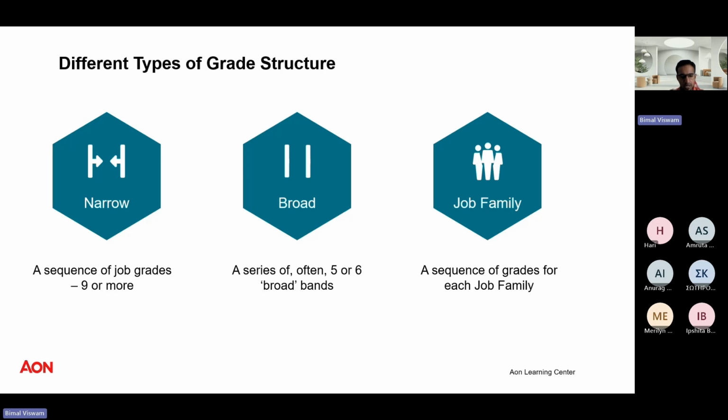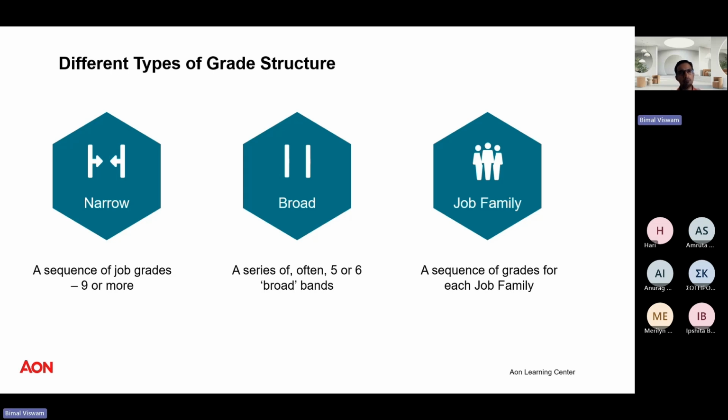You don't have to acquire that much skill to move from one level to the other. You typically see more grades in retail chains and manufacturing organizations. In the yesteryear, even banks had a very narrow grade structure where jobs were narrowly designed and people moved faster from one grade to the other.